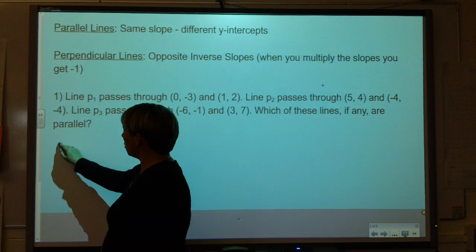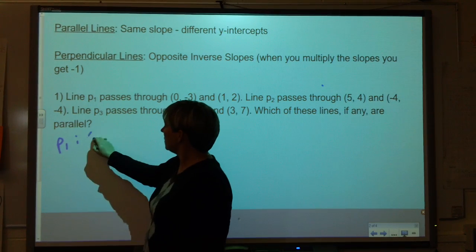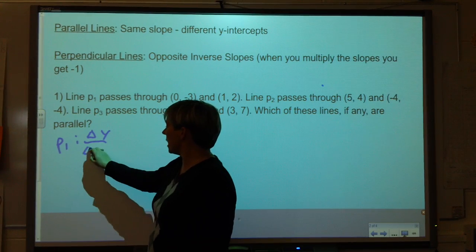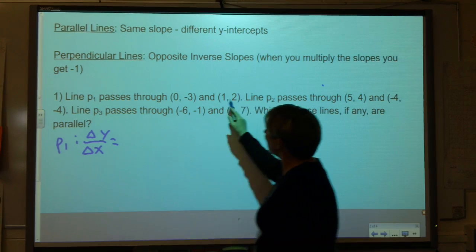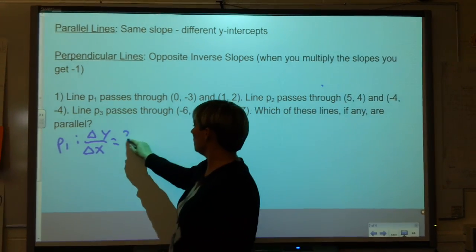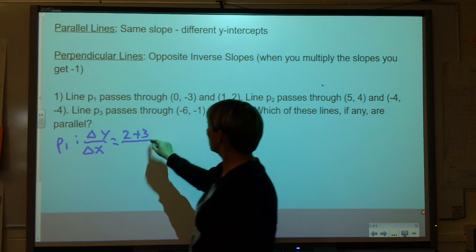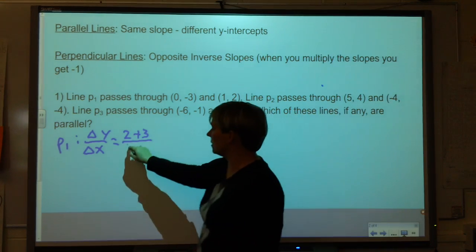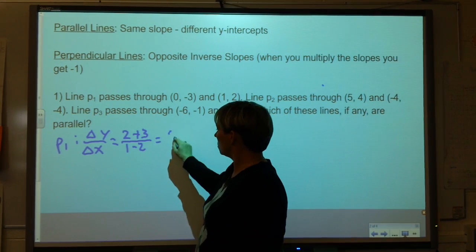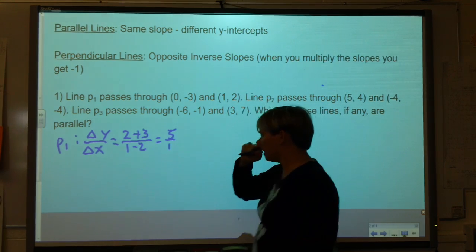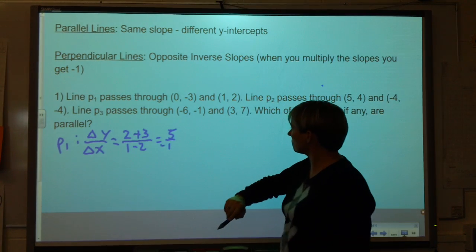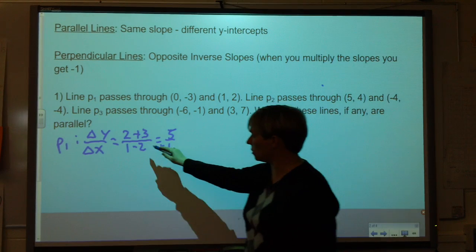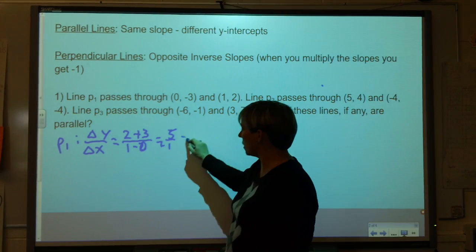My slope of P sub 1 is, again, change in y over change in x. That's going to give me 2 plus 3 over 1 minus 0. Sorry, this should be a 0, and this should be a 1.